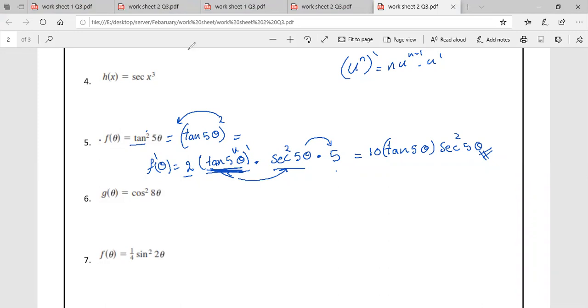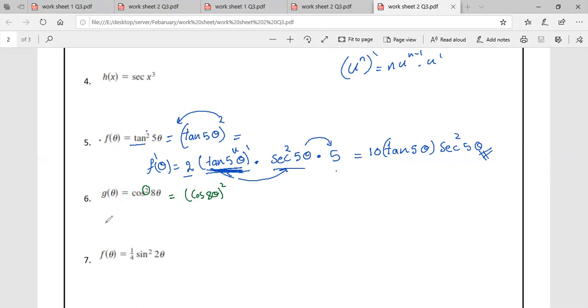Look with me here. Miss, again, the same idea. The power here is on the function. So I can rewrite the function as cosine 8 theta all to power 2. Since we have a bracket raised to an exponent, I'll apply the general power rule.